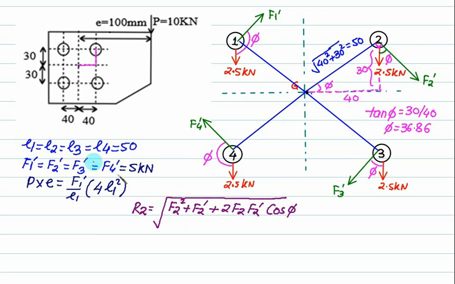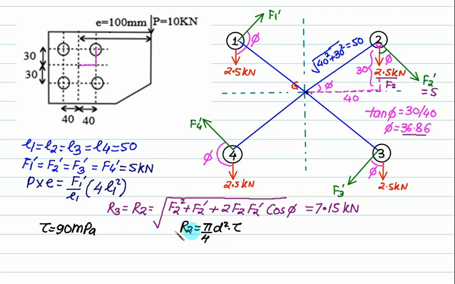So put F2 equal to 2.5, F2 dash we just calculated equal to 5, and angle phi equals 36.86. Suppose we are given tau equal to 90 megapascal. So can we calculate the diameter of the rivet? That will be R2 equal to pi by 4 into d square multiplied by tau, that is 90. From this we can find the diameter of the rivet.